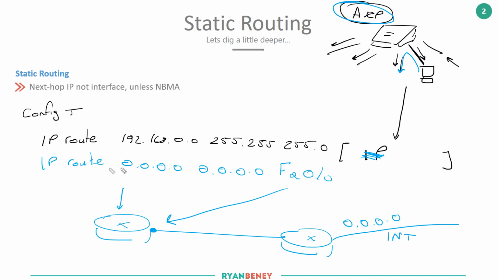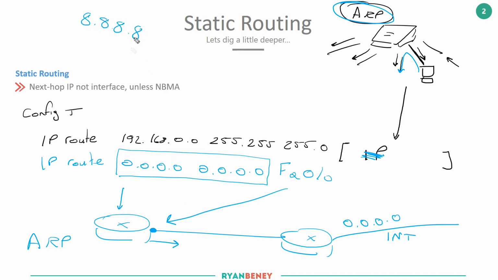What this tells the router is that every single network that I do not have a more specific route for is directly reachable out this interface. And because it's directly reachable out this interface, the router will perform an ARP for every single unique destination that you try to route towards. So if you went to 8.8.8.8, this router will send an ARP onto this link for the 8.8.8.8.